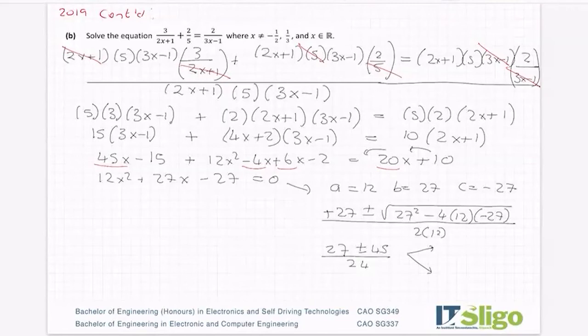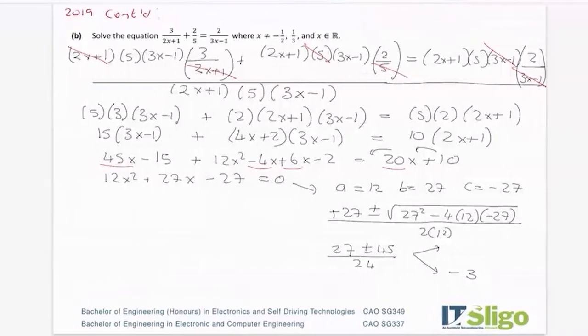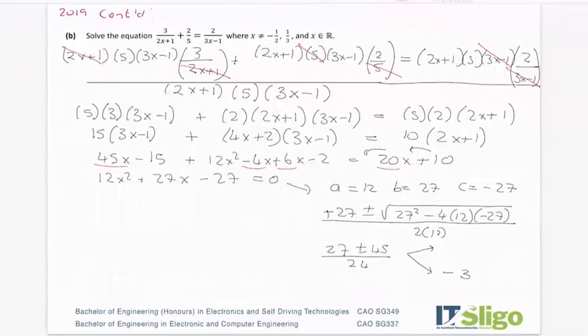going to get minus 3 for him. Over 24, and a little mistake, sorry. He should be a minus 27, shouldn't he?